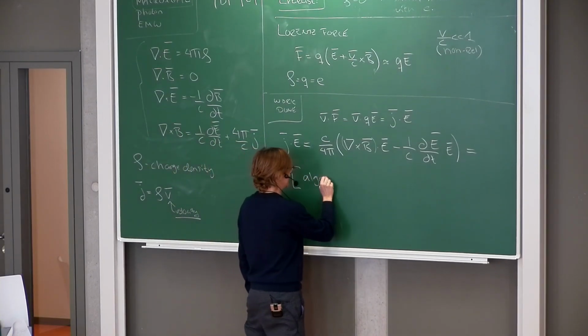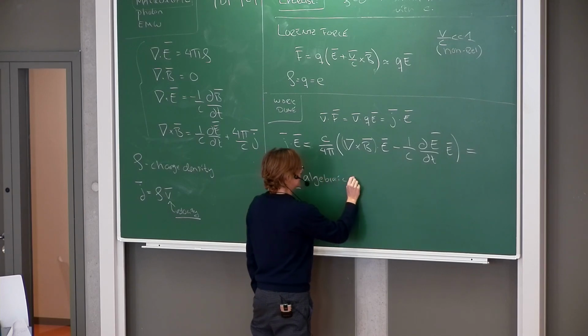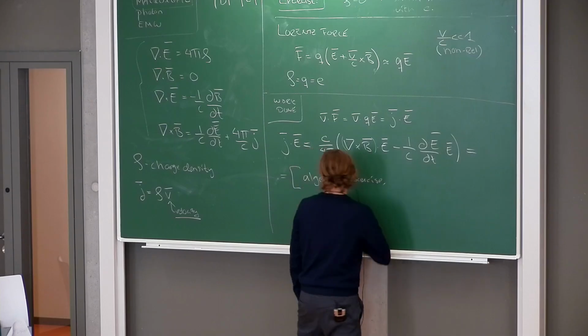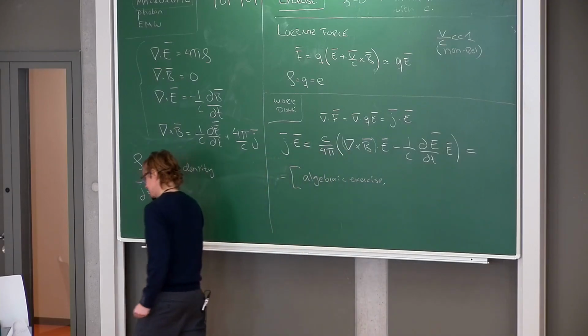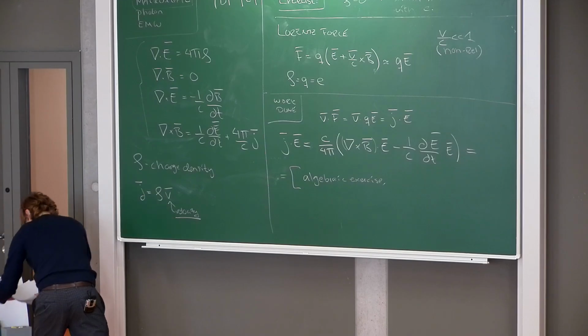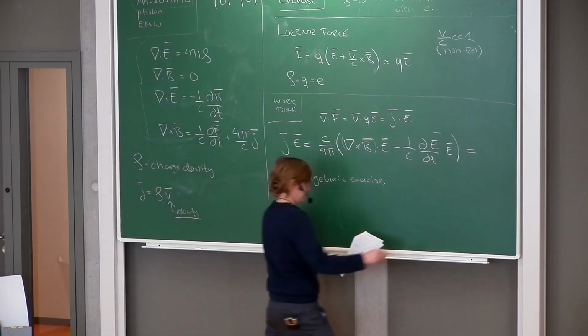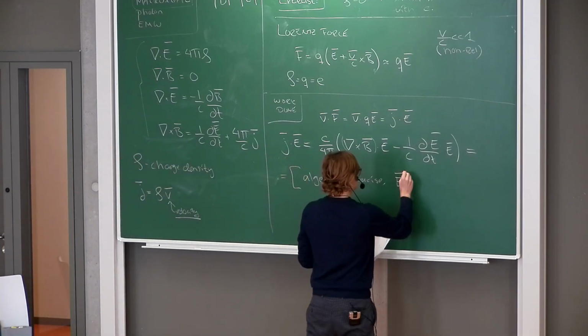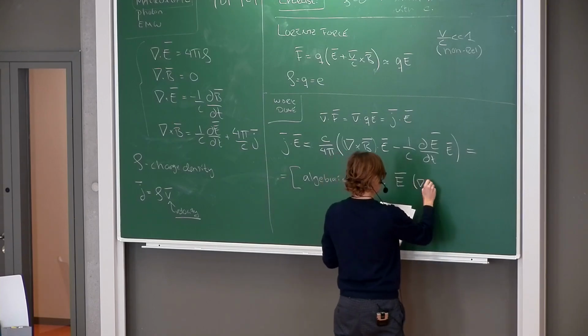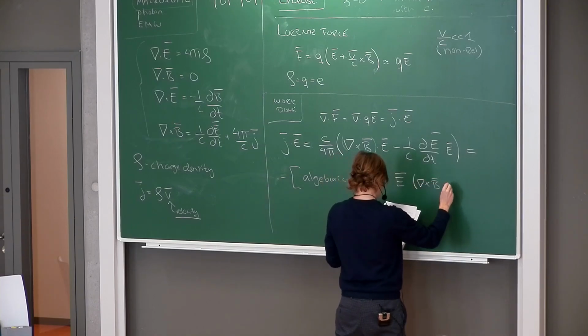This is another algebraic exercise where you will have to use a vector identity. I will actually state this vector identity for you. If I write it down, you can use the generic vector identity as follows.